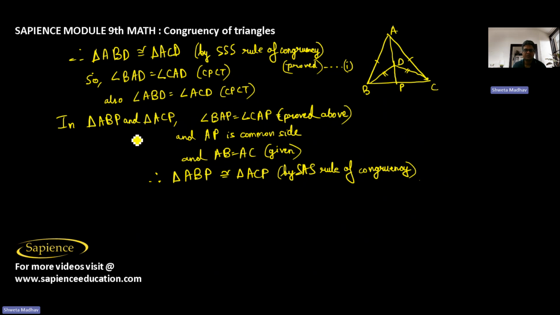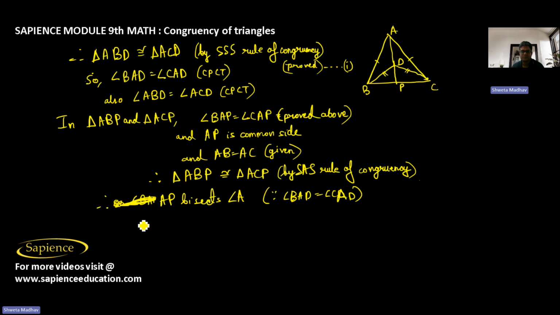So therefore simply we can write, AP bisects angle A, since angle BAD is equal to angle CAD, which has been proved earlier only.